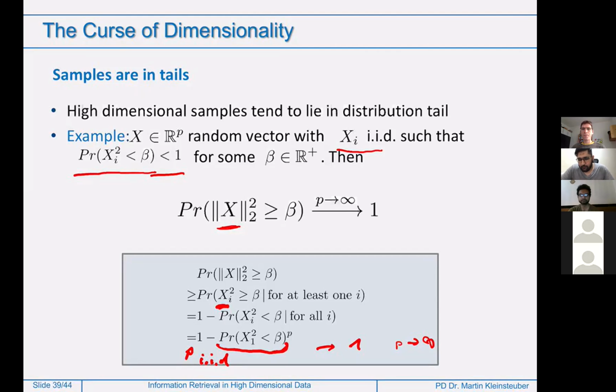Yes. So Patrick asked a question: why do we take the probability of xi squared, why are we taking the square of the L2 norm? It's smaller than some gamma, right?